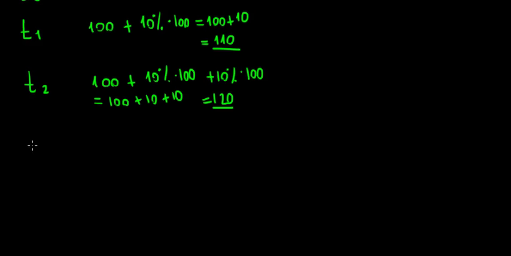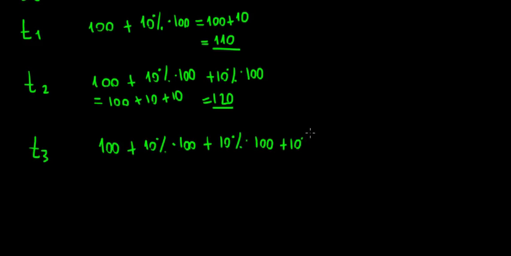What happens in year 3? Well, we have $100 plus $10 in our second year plus another 10% of 100, and in the last year we have one more time 10%. So that's $100 plus 10 plus 10 and another 10, and that's equal to $130.